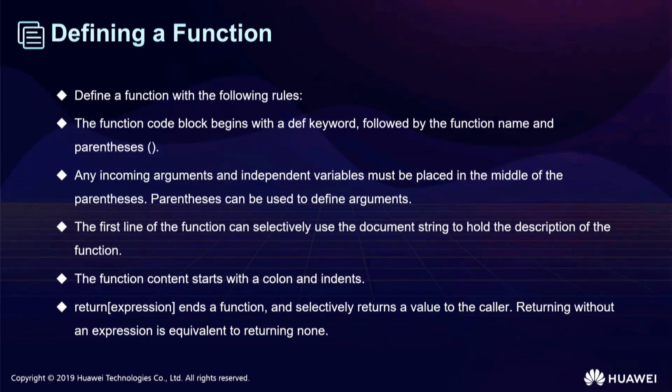Let's see how to define functions. There are many rules to follow, and the function block begins with the def keyword. The def keyword is an important one, and it is followed by the function name, and then we use parentheses.